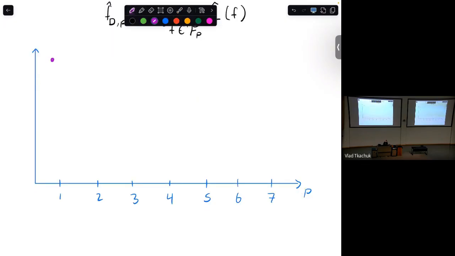Like we saw in the previous plot, maybe it looks something like this. You run it first for p equal to 1, then 2, then 3, 4, and so on. You might see something like this. And we can draw the curve to make it clear that it's decreasing.